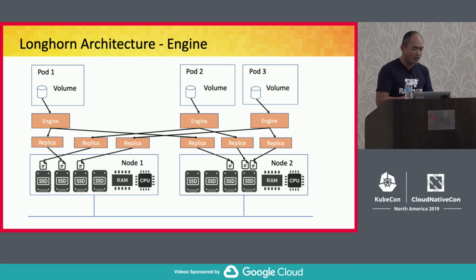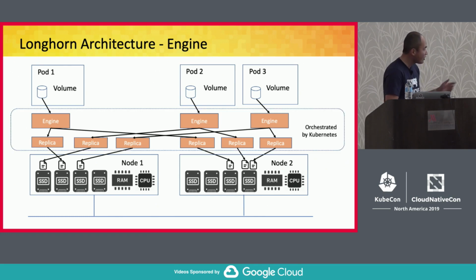The data path of pod 1 using volume 1 is different from volume 2 and volume 3. So even if something goes wrong on, say, replica 1 or engine 1, it's not going to affect anybody else. All other volumes still function fine. This isolation of the data path also ensures high availability of Longhorn.